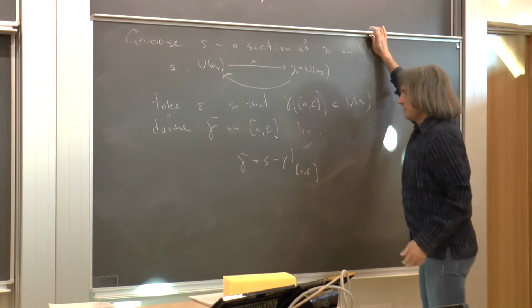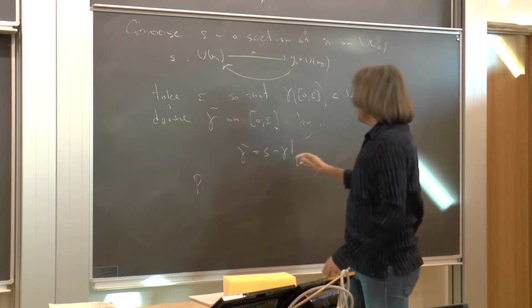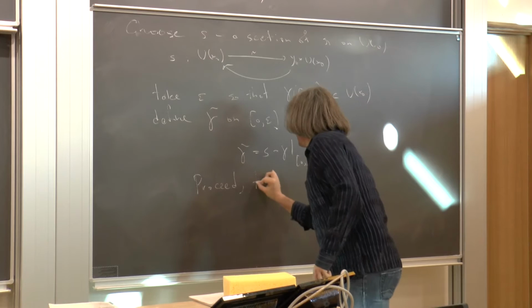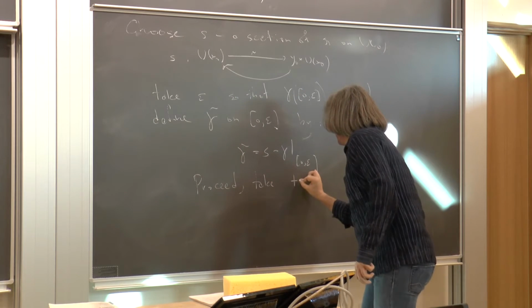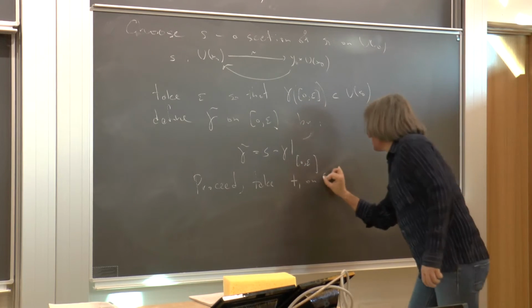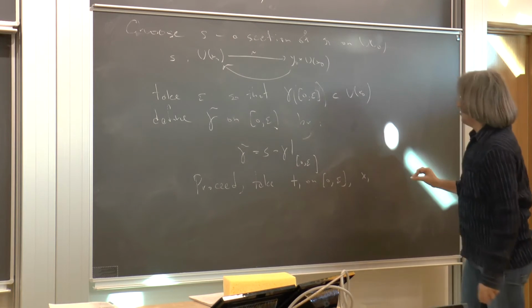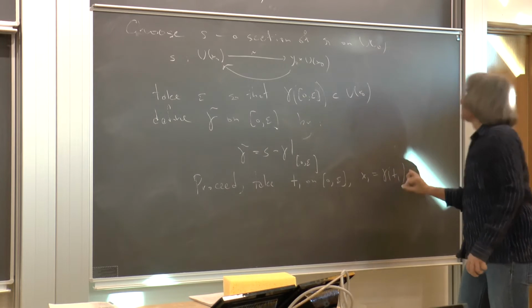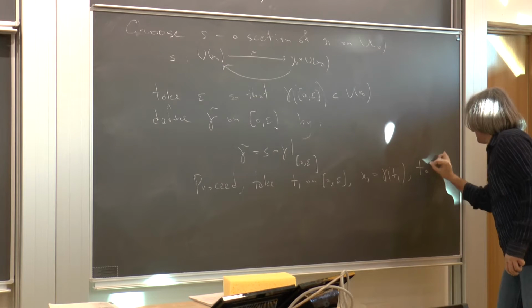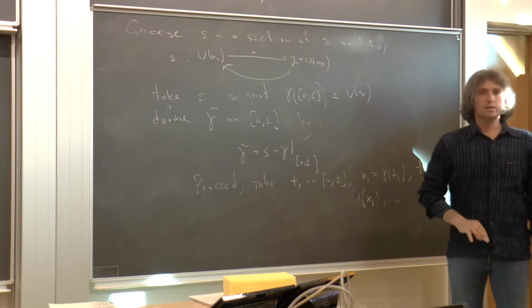And then proceed, in the sense that I have the beginning of the path, proceed, meaning that you take t1 on this [0, epsilon], and x1 being gamma of t1, take U of x1 and so on.